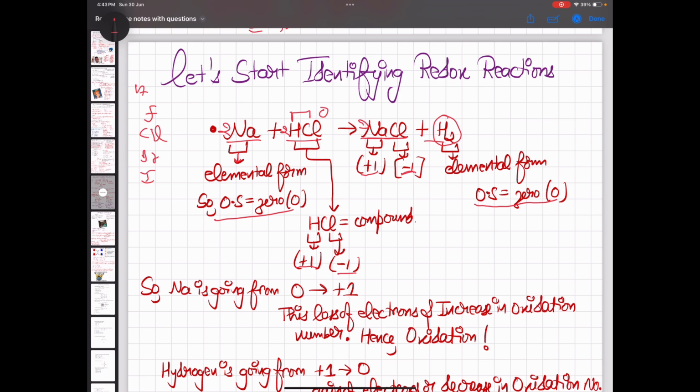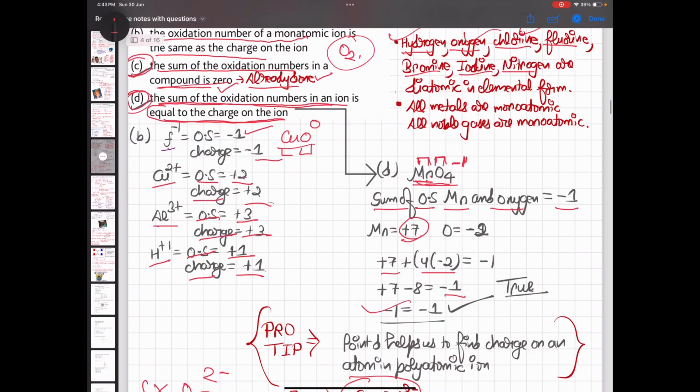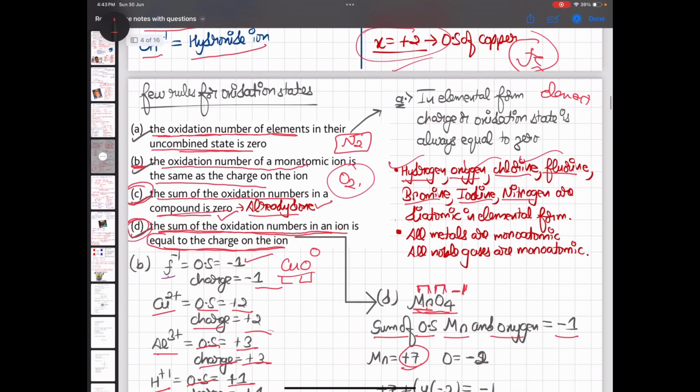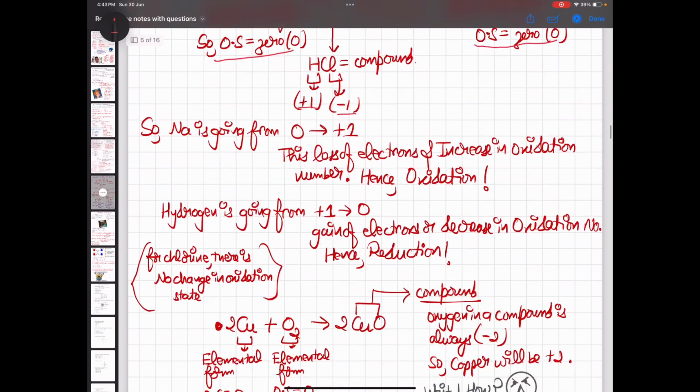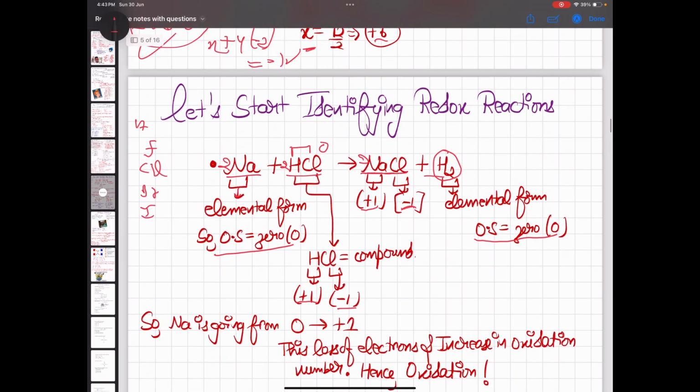Alright. So a few basic rules that we must revisit. Oxidation state in uncombined or elemental form is 0. What are the elemental forms? All are written here. We have already discussed this. If you look at Na here, it's in elemental form, so the oxidation state is going to be 0.